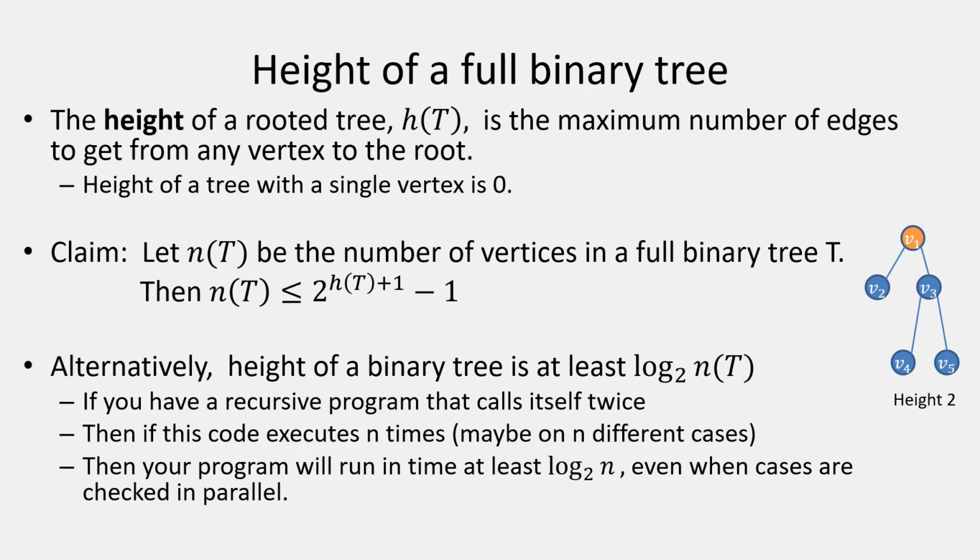Well, you know that overall this program has to take time at least log of the number of times this piece of code executed, even if everything possible is checked in parallel, because if a program calls itself, it cannot execute what it's calling in parallel with it being called.